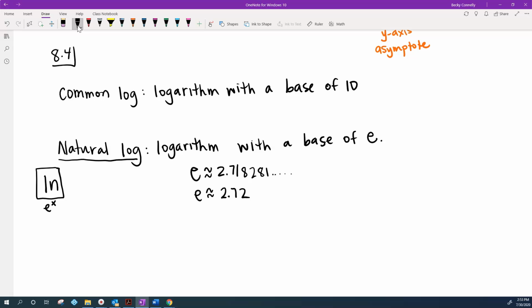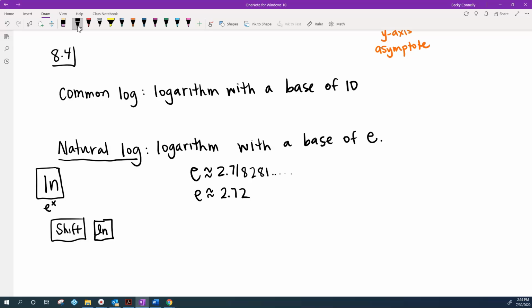Does everybody see that? You're going to have to play around with your calculator a little bit, because on some calculators, to use this e to the x, you would press shift and then the LN button, which gives you e to the x.